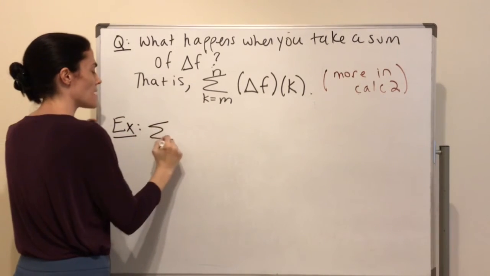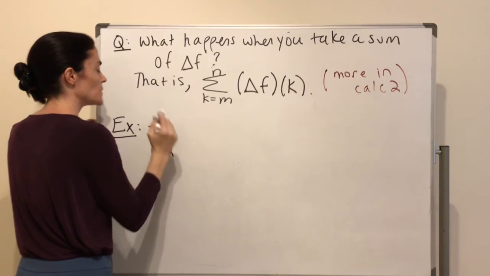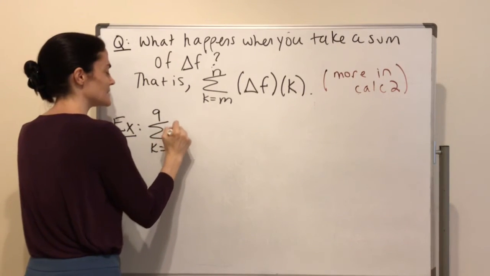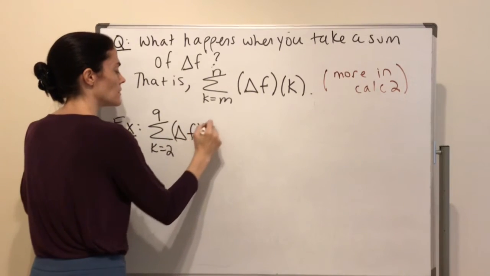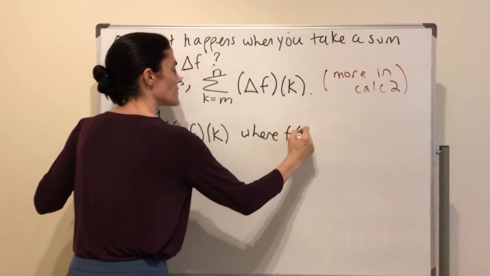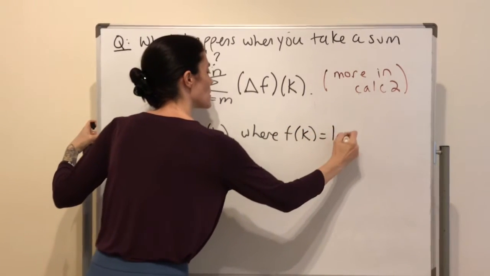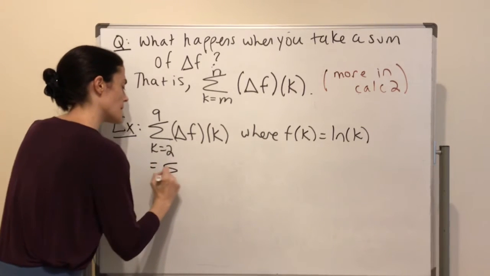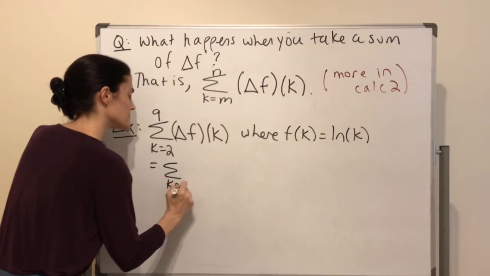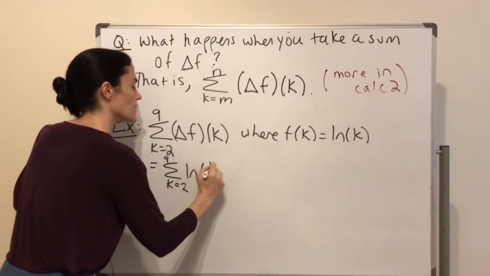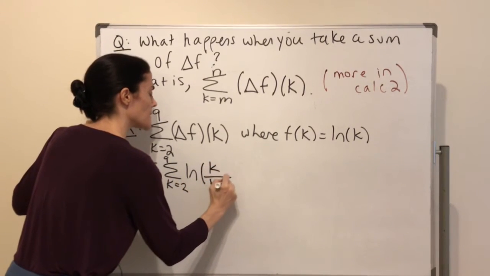Let's take the sum k equals 2 to 9 of delta f of k, where f of k is natural log of k. So we just saw what this delta f was. Maybe I can write it here. 2 to 9. This was ln of k over k minus 1.